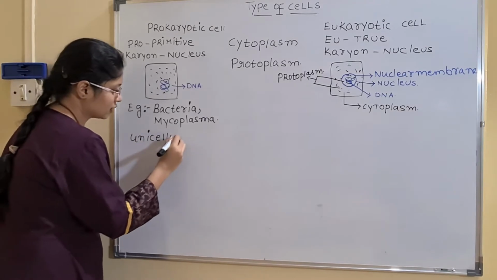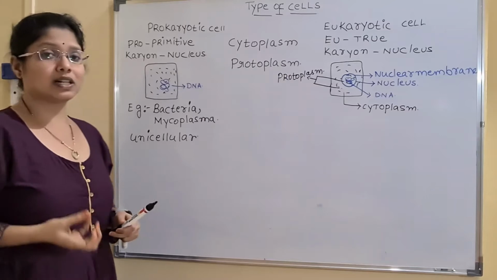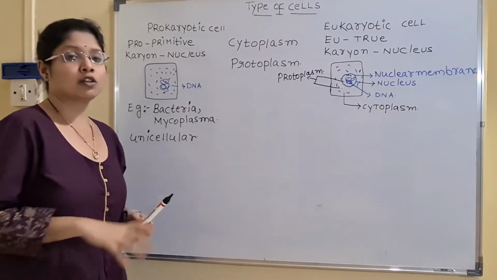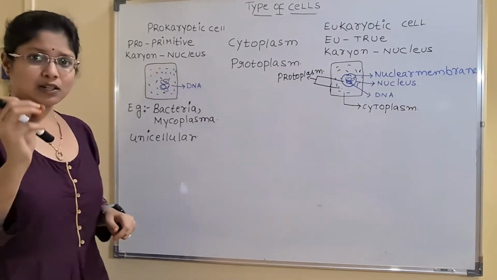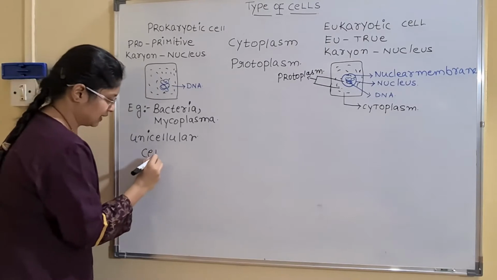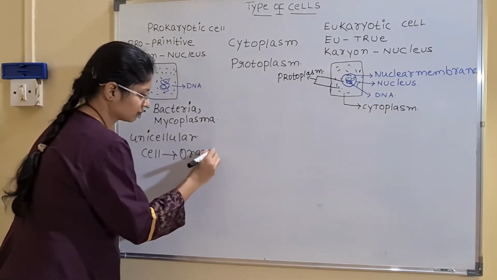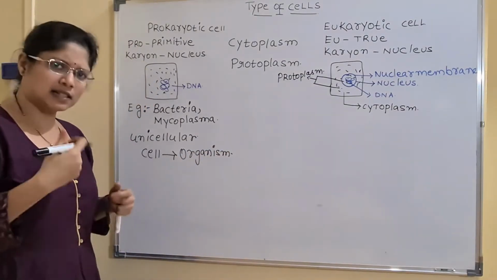They are unicellular in nature. Unicellular means they have only a single cell. It is the structure and function of the organism. For a unicellular organism, cell means organism. Yes, the cells are dividing.